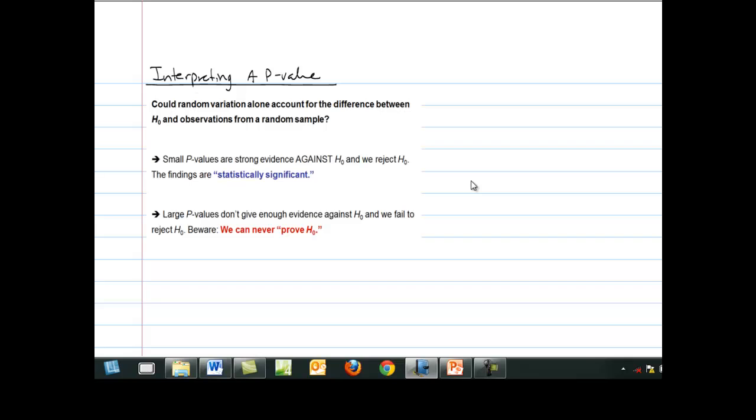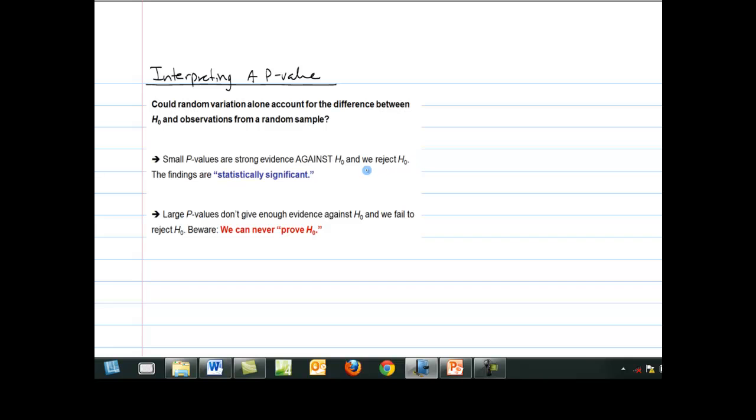So again, the difference between H0 and the actual observations we got, was there evidence to support that or not? Small p-values are strong evidence against the null, and we would reject H0 in favor of HA. And we would say that the findings are statistically significant.